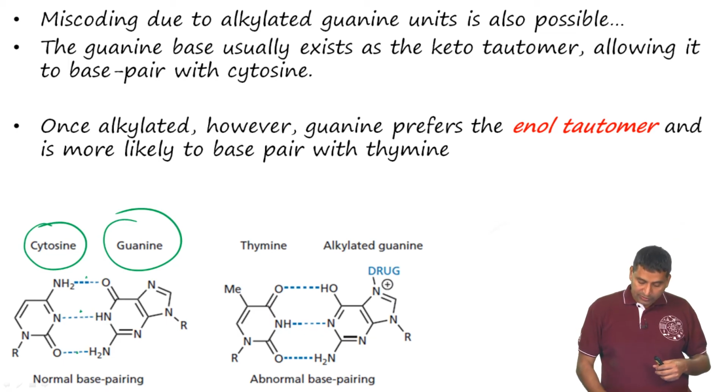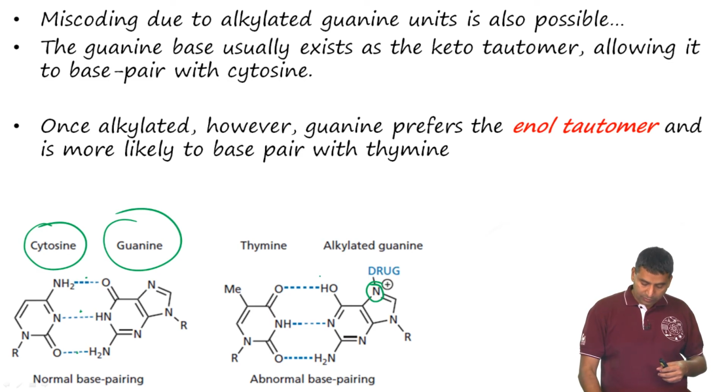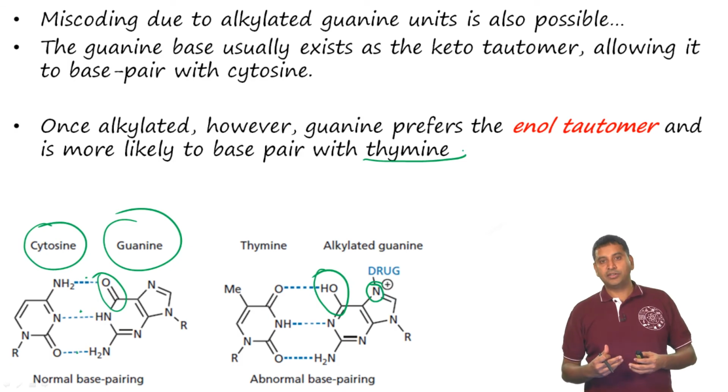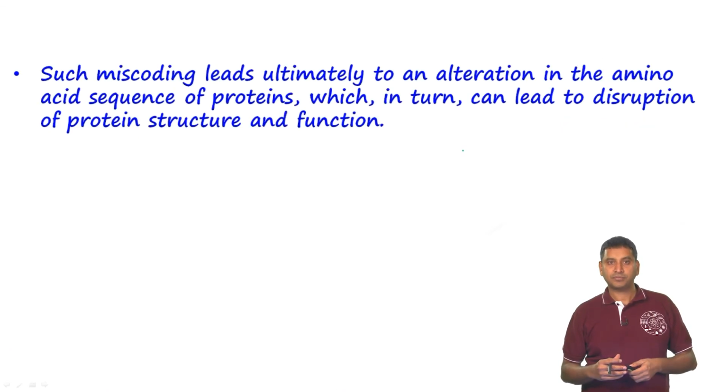But once guanine is alkylated, as we saw in the 7th position, then it forms an abnormal base pairing, because the keto isomer is converted to the enol isomer, or the enol tautomer. And so, the enol tautomer is actually more likely to bind not with cytosine, but with thymine. So, this again results in a situation which causes stress.